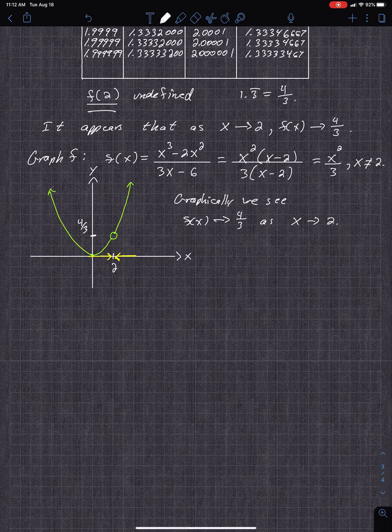Okay, and as I already mentioned, the function does not exist, DNE means does not exist, at 2.